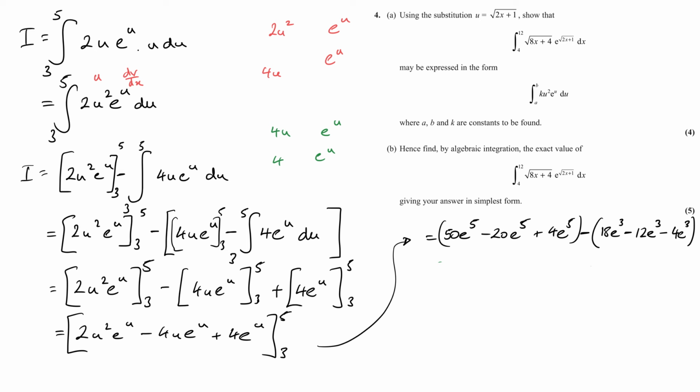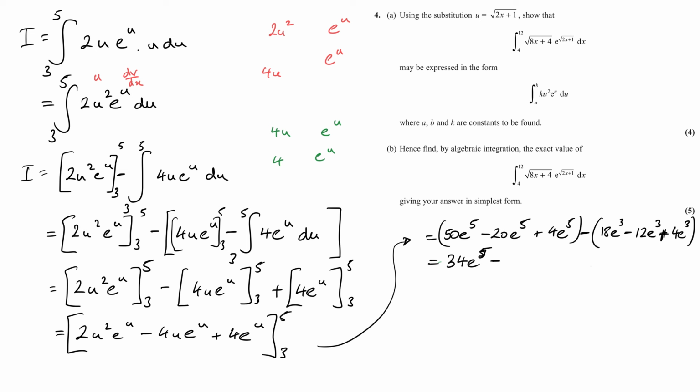So all I've done here is substitute 5 into here, keep the e to the power 5 in there, and then substitute the 3 in. Okay, so keep the e to the power 3 there. Then what I can see is I've got 50 minus 20 is 30 plus 4, so I've got 34e to the power 5, minus, and I've got 18, so that's a plus there, isn't it?